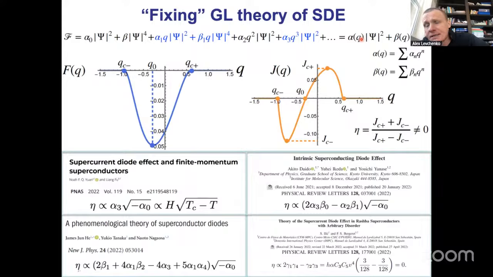So they predicted that within the Ginzburg-Landau description of the Rashba model of 2DEG with BCS pairing, there shouldn't be a diode coefficient, and this really contradicted everybody else. It just happened that I was working with my student on this computation for this model as well, and we had yet a different result.